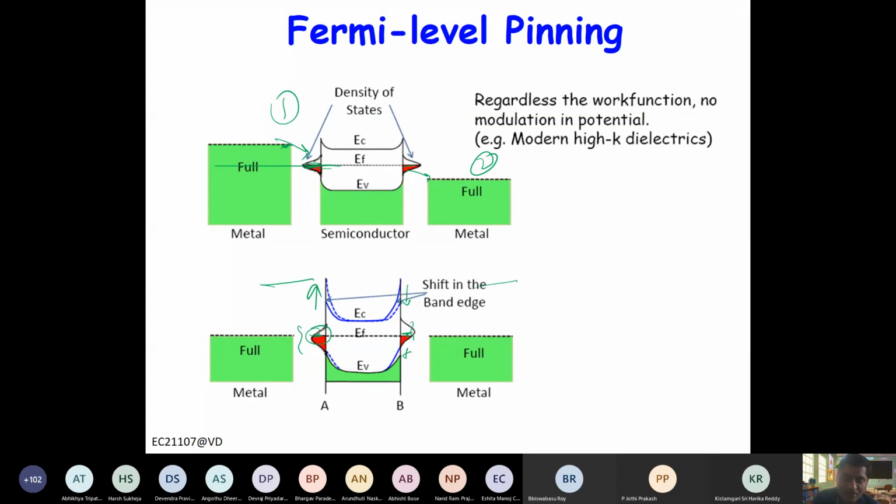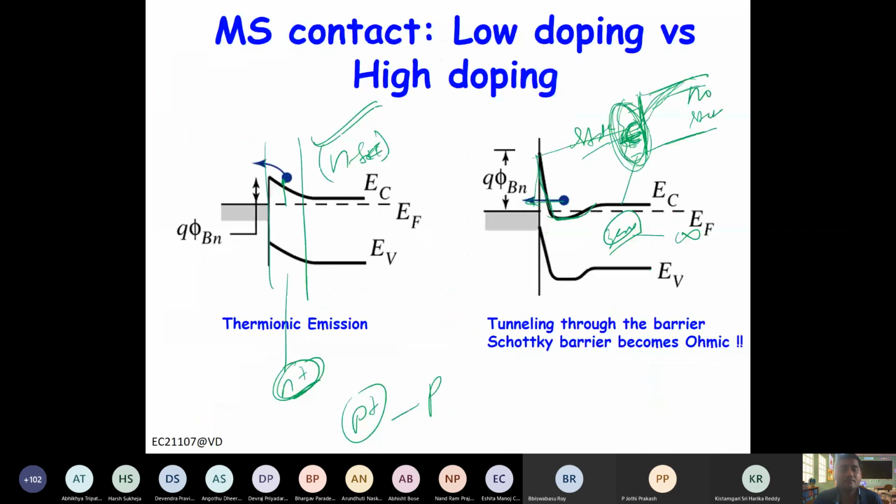So what is actually done, we basically measure these barrier heights, right? And then the technique that we discussed for ohmic contact, we use high doping at the surface before connecting to the metal. So this way we have covered it.